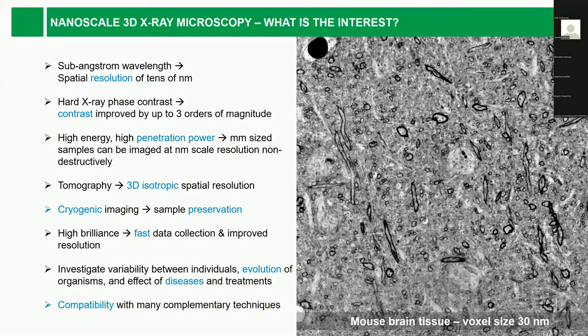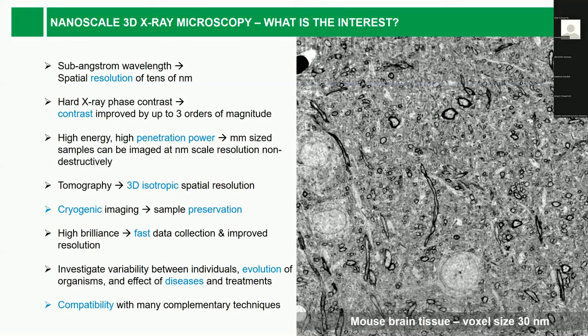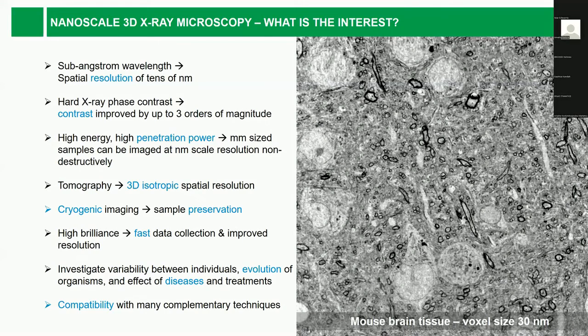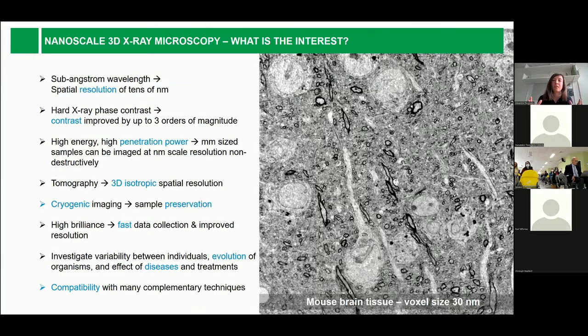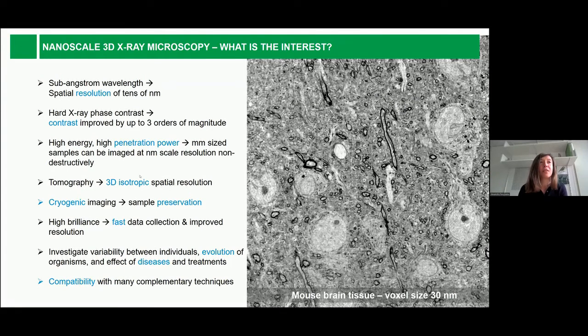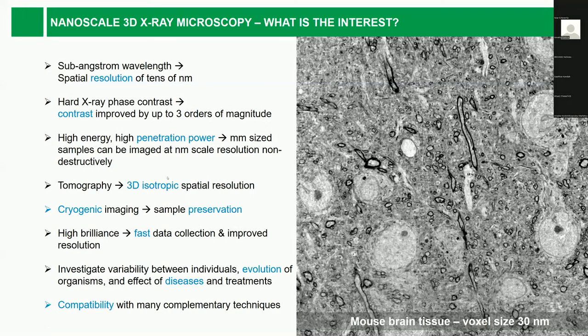And as Paul showed you, by using phase contrast, we can have extremely good contrast in unstained tissues and cells. And the fact that X-rays at high energy can penetrate samples means that we can image them without sectioning, which is not the case with most of the other microscopy technologies. And we can combine this with cryogenic imaging, so we can keep the samples close to the native state by vitrification.